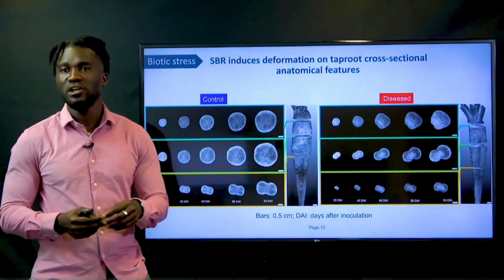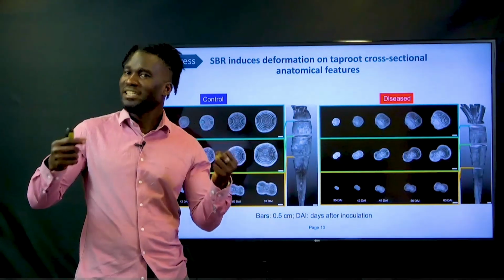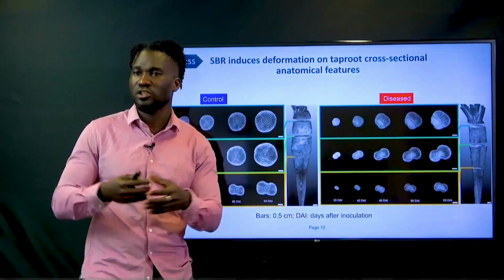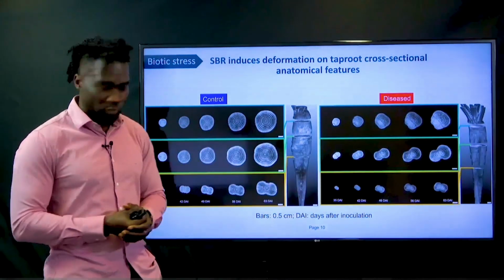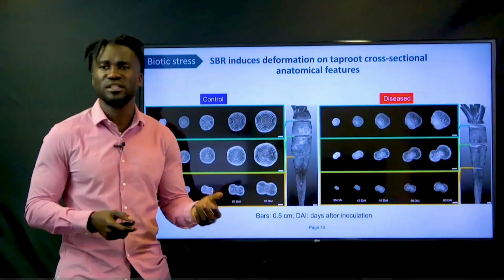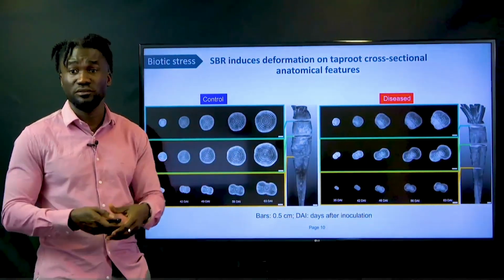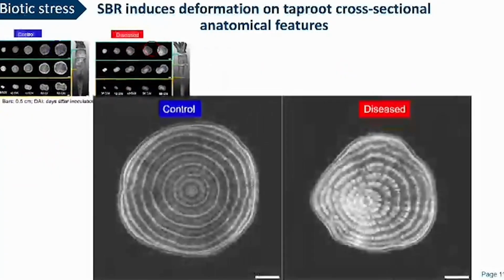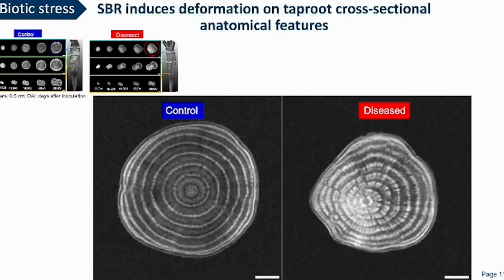And here we observe some qualitative changes in cross-sectional tissue structural organization, which was exerted by the SBR pathogen. In fact, in the disease samples, we observe some differences in cross-sectional tissue arrangement. You might appreciate it more when we have a closer look, and therefore let's have a look into the upper slices at the last imaging date for both the control and the disease samples.